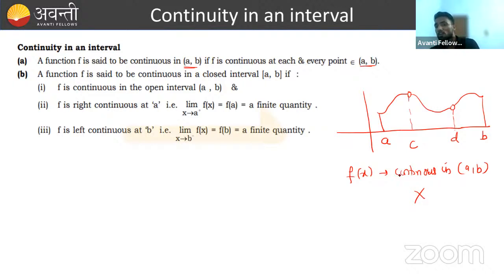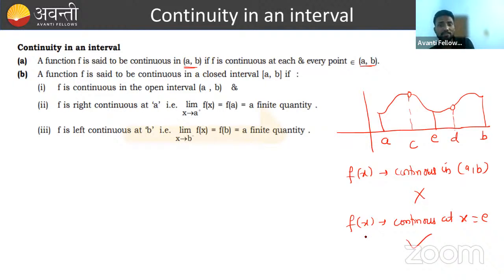So if we are talking about an interval, then at all the points in between it should be continuous only, right? If I am saying that there is a point, suppose E, and the function is continuous at x equals E, then yes, it is continuous.